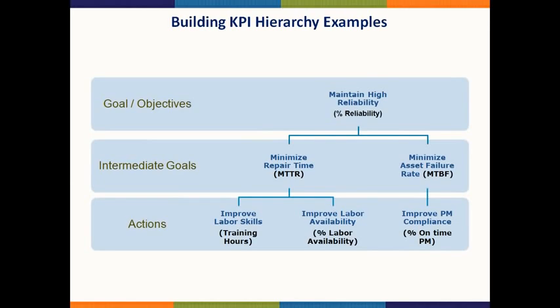Or in case of MTBF, here it is talking only about PM, but you could have condition-based monitoring, infrared or some other predictive maintenance initiative, or an inspection program, which in turn will catch the failure at a much earlier time, and that way you can reduce the time between failures. So this is just one example.